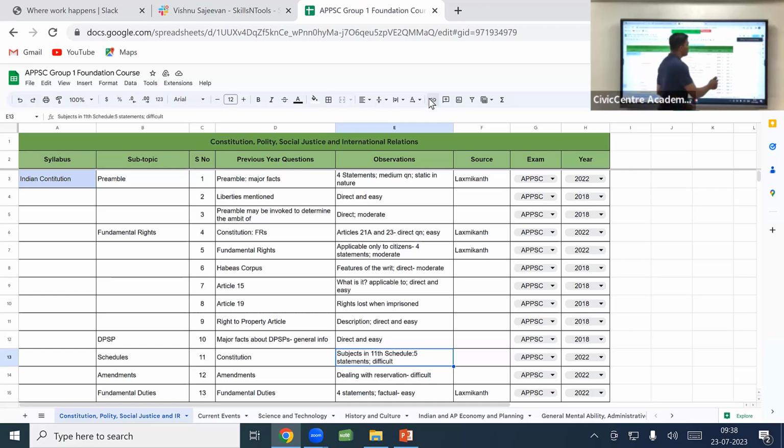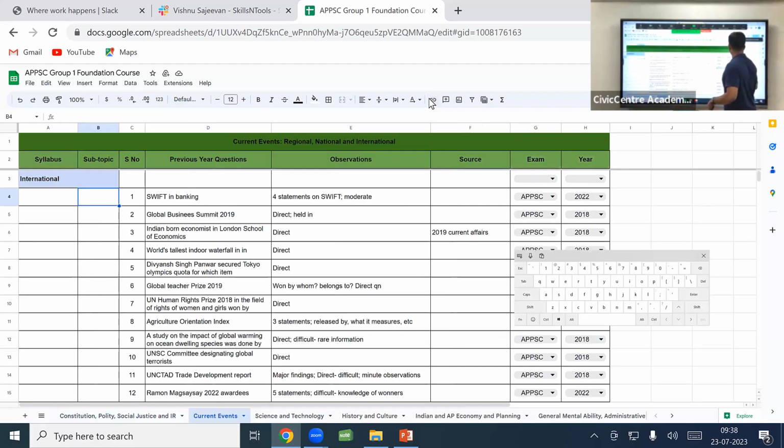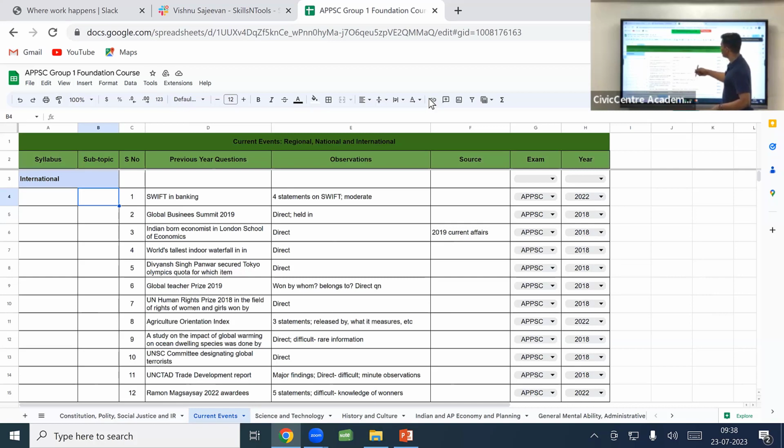Like that, we have done this for the last 2 years for all areas, and we have done that for current events. Again, for the last 2 years, if you see the questions that are direct in nature, what are the sources? For the 2018 paper, which was conducted in 2019, they have asked from current affairs of 2019.